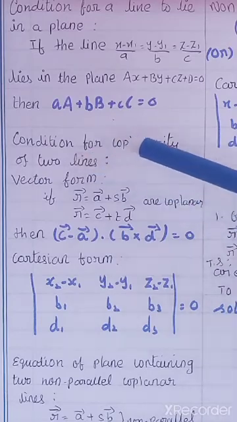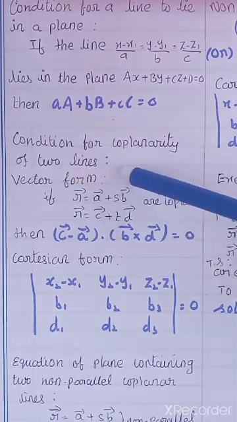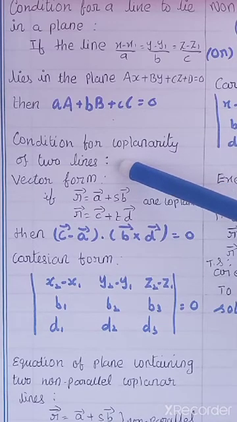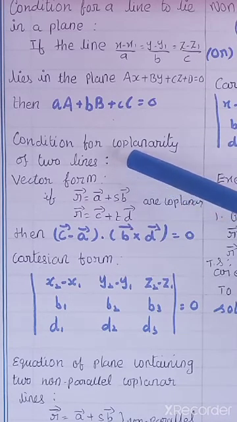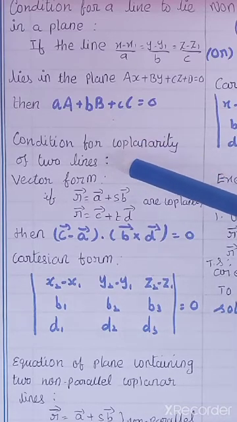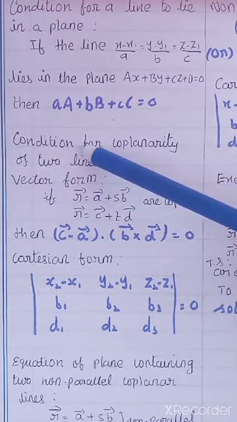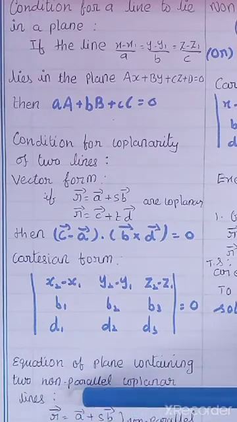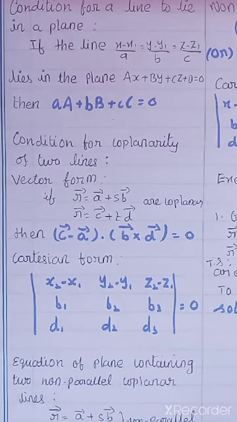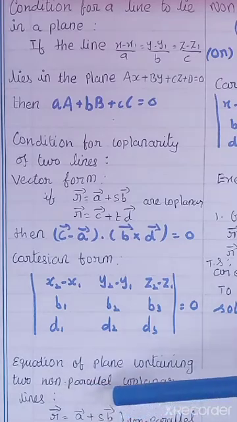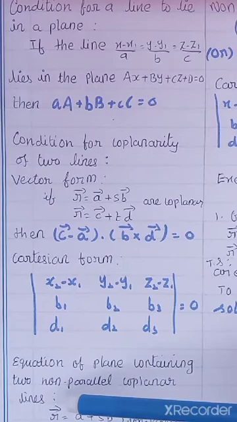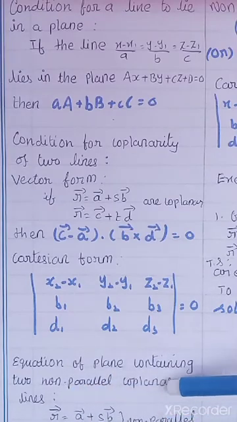condition for coplanarity of 2 lines. What is meant by coplanar? Lines that lie in the same plane are coplanar, right? So now we have to check whether the 2 lines are coplanar. We are going to see what the condition is. And your third one will be the equation of a plane containing two non-parallel coplanar lines, and we are going to check.